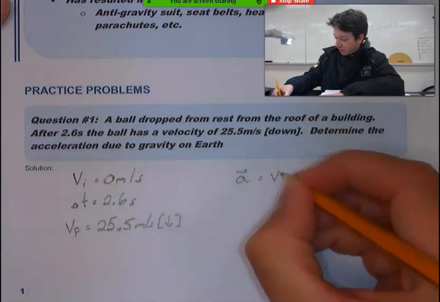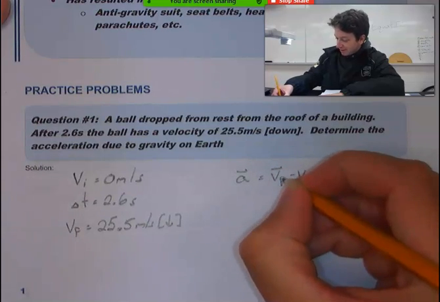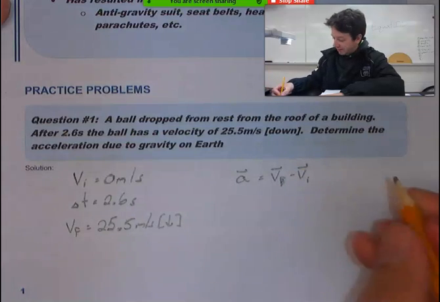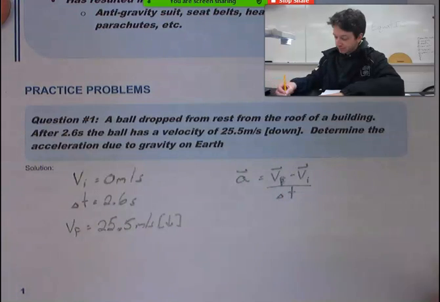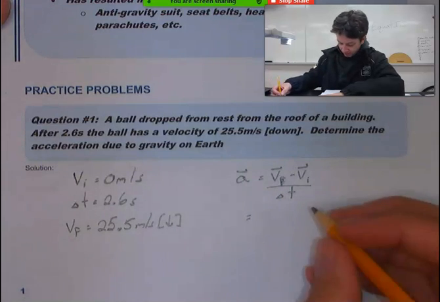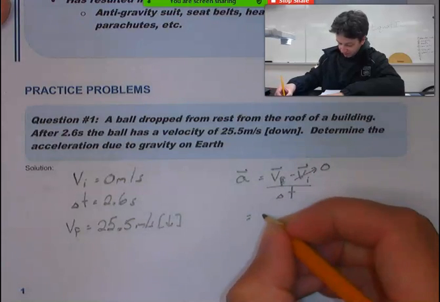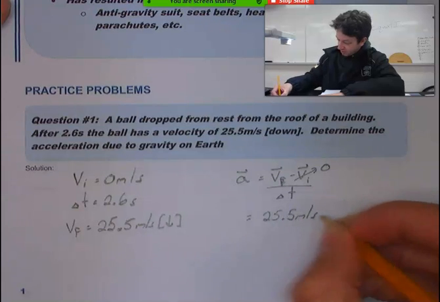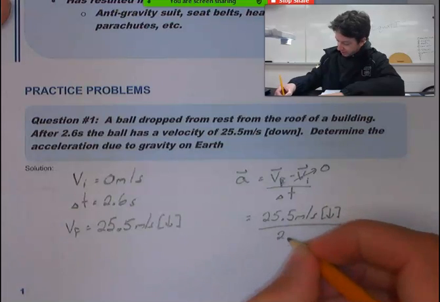If you remember our equation from yesterday, it's V2, or V final, sometimes I write 2 and 1 instead of final and initial, it doesn't matter, over your time interval. V initial is actually 0, and V final is 25.5 meters per second down, over our time interval of 2.6 seconds.